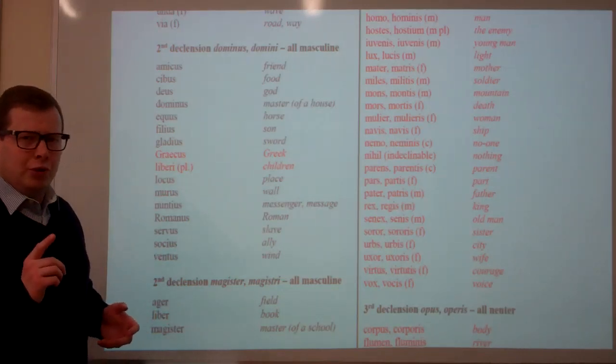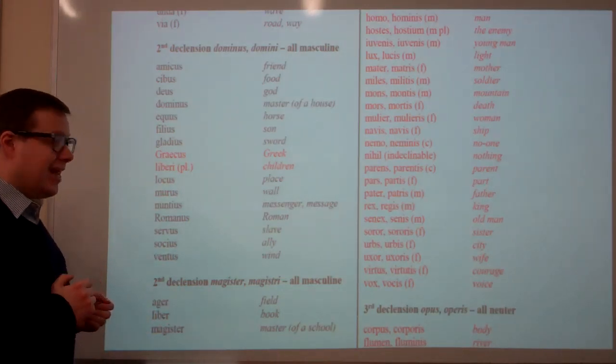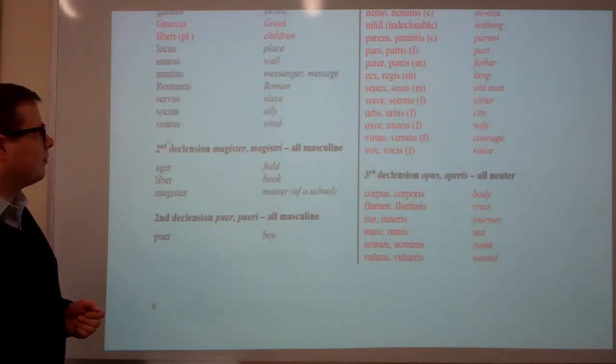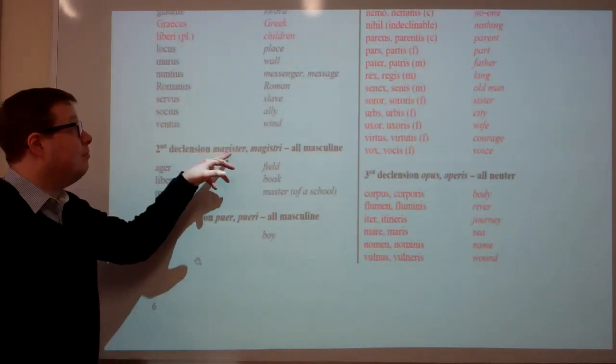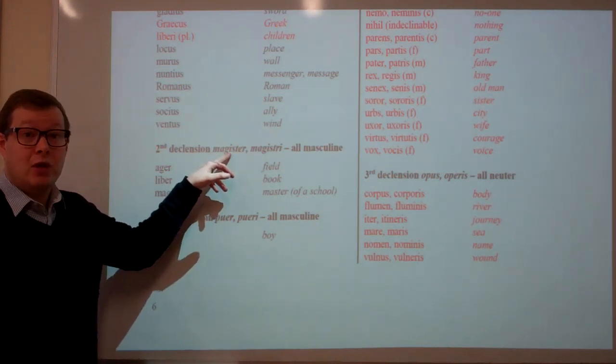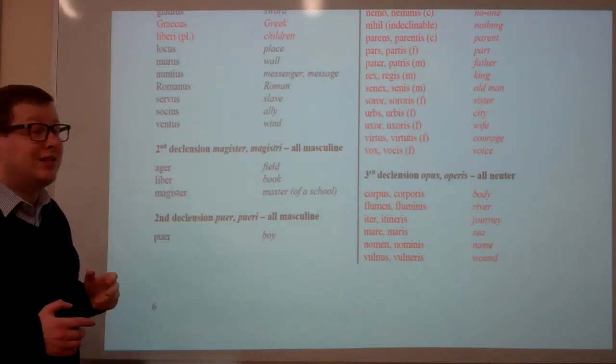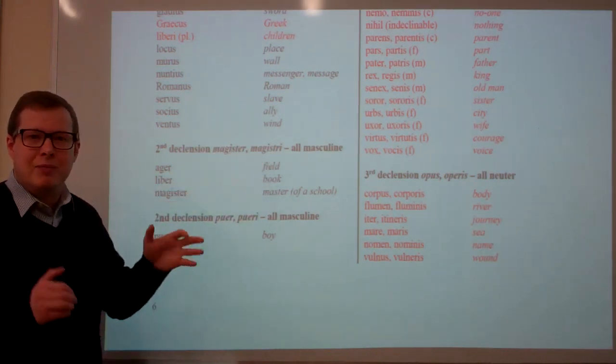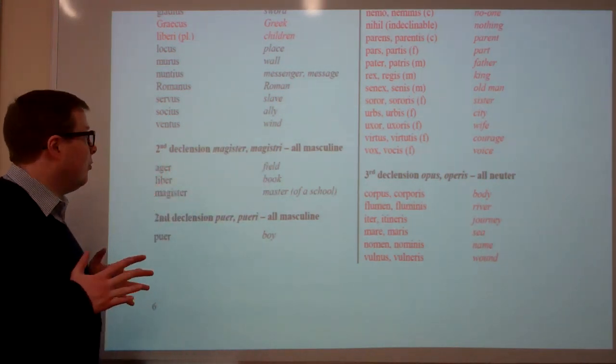Now, a very small number of second declension nouns end in -er and there's 2 types of those. Most of them operate like magister, a schoolmaster, which has what's called a contracted stem. Magister, magistri. The stem of magister shrinks down.